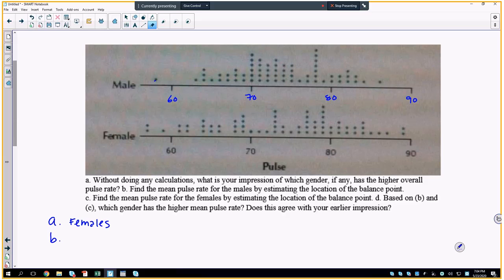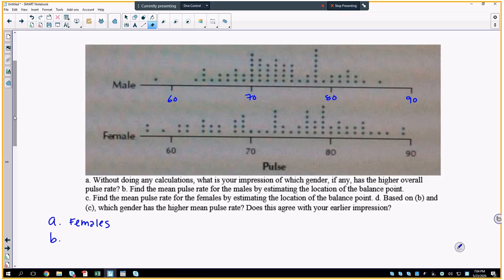We have 1, 2, 3, 4, 5, 6, 7, 8, 9, 10, 20, 25, 65, I think.